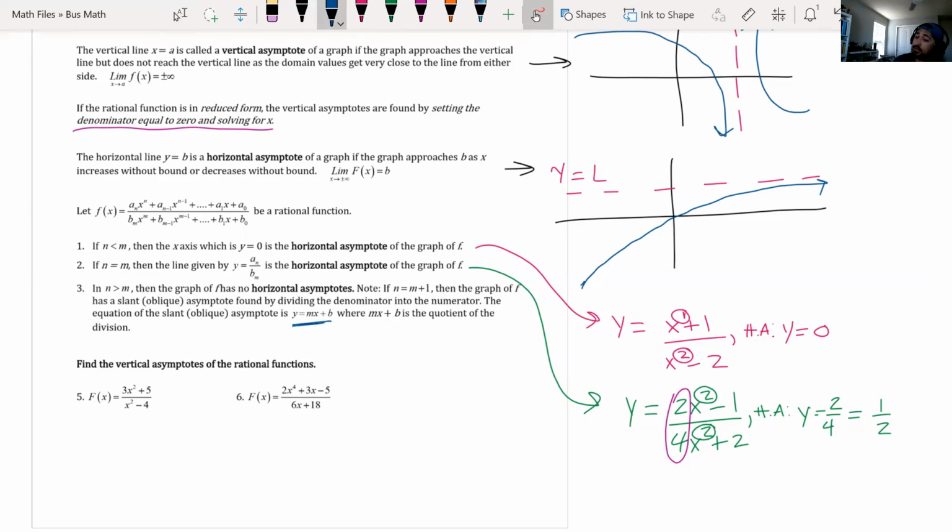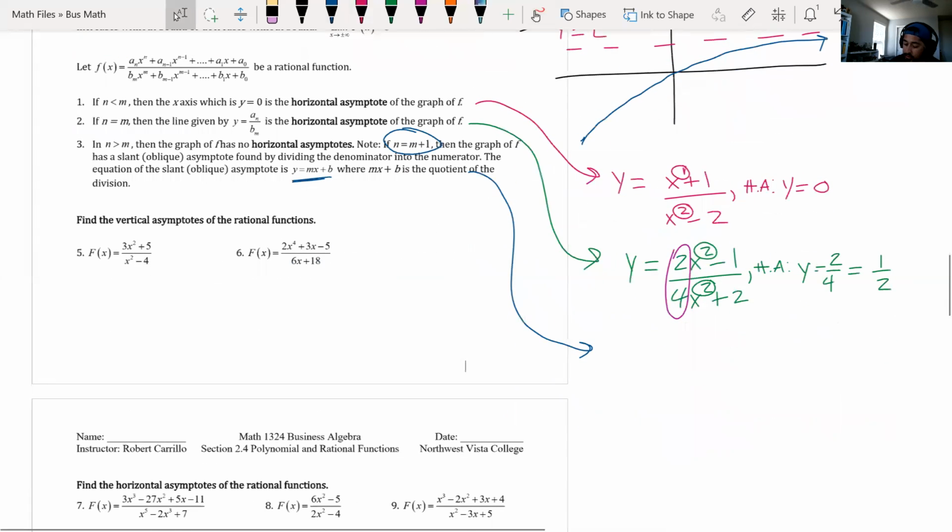And this only happens if the degree of the numerator is bigger than the denominator by 1. And the only way to find this asymptote is by using long division, which we won't do in this class. But I'll just show you an example real fast.